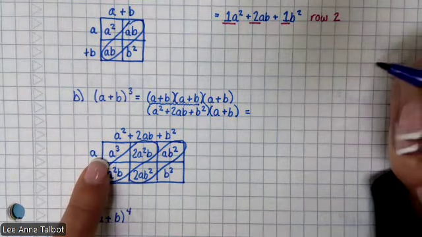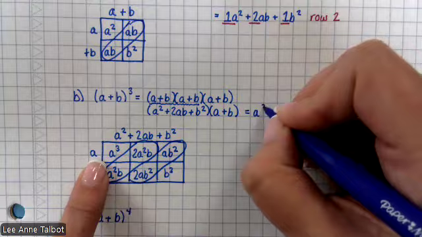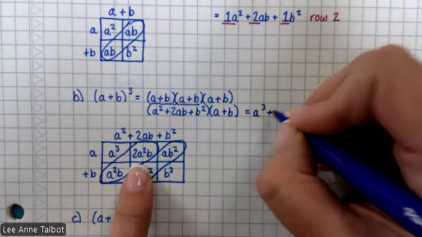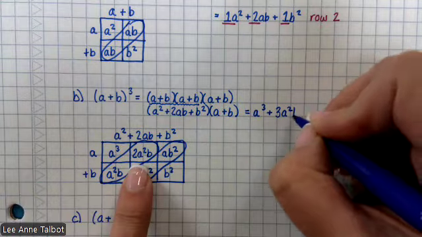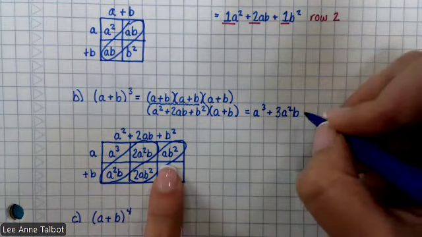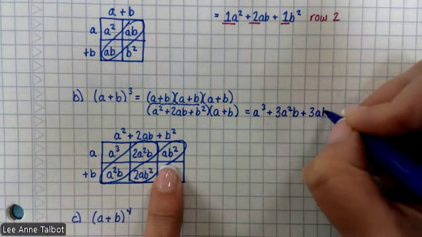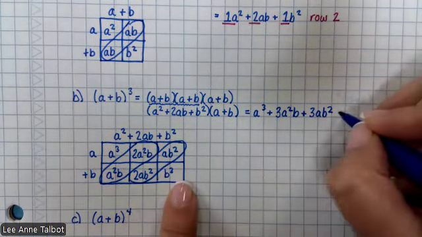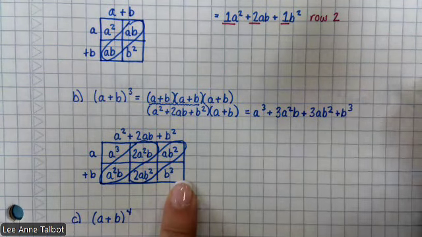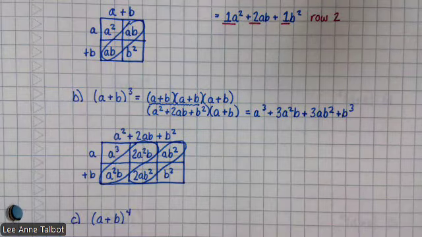Combine like terms, I have a cubed, 3a squared b's, 3ab squareds, and 1b cubed.